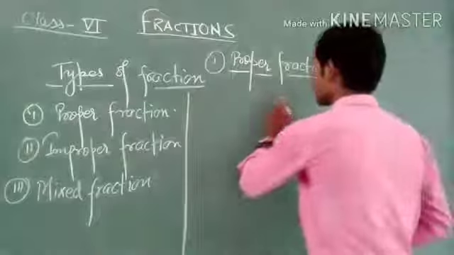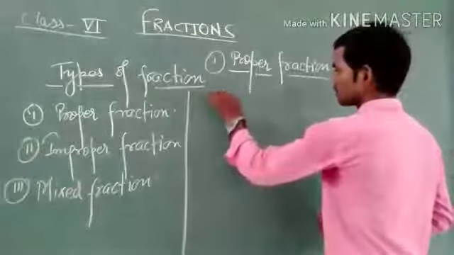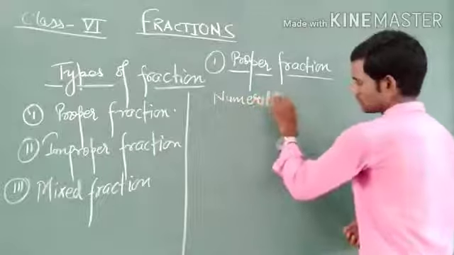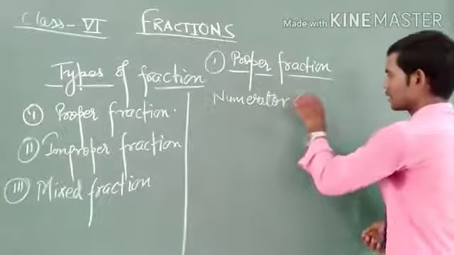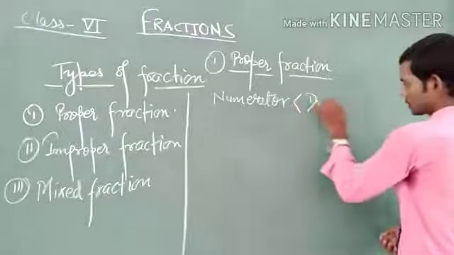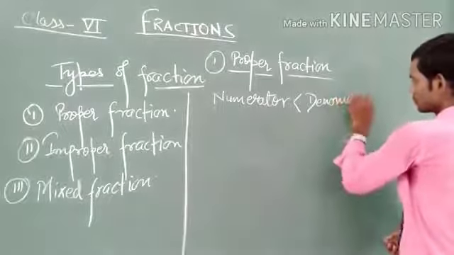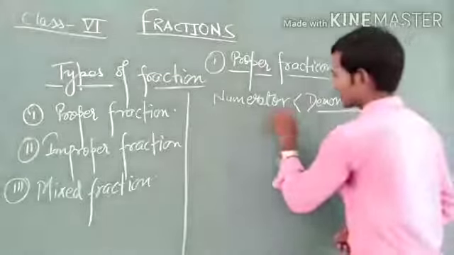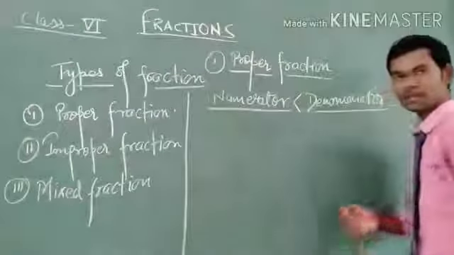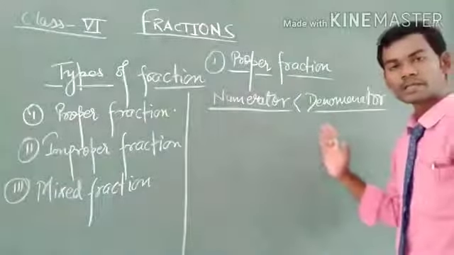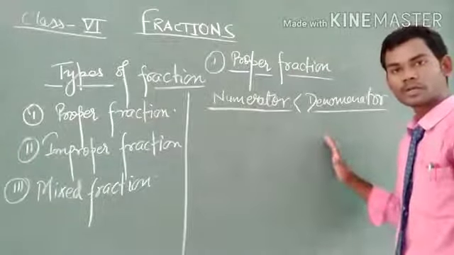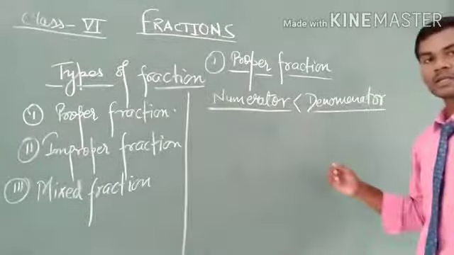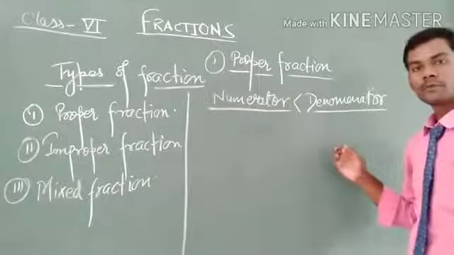Here, the definition of proper fraction is: numerator is less than denominator. If we have a condition like this, in which the numerator is less than the denominator, then such types of fraction are called proper fraction.